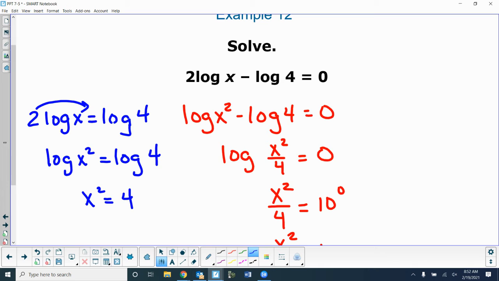I saw a lot of those were correct. And 32 comes out to be 2. Any of those you'd like me to go over?